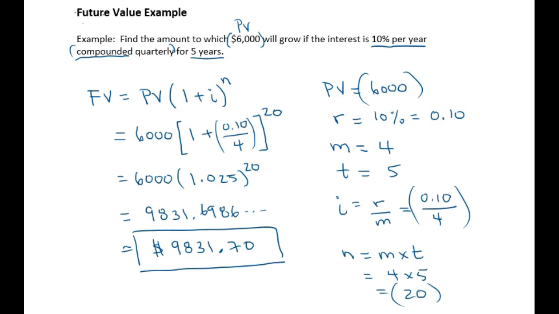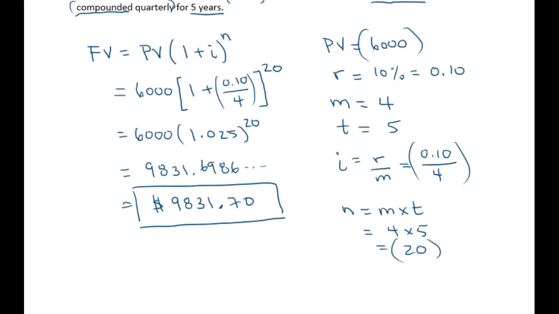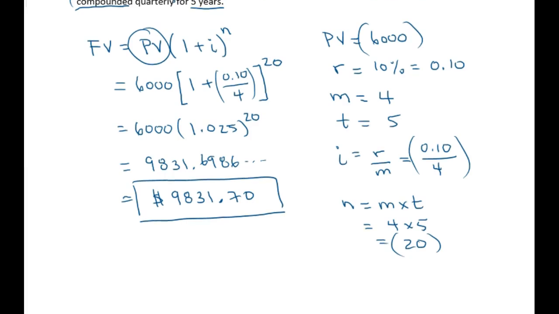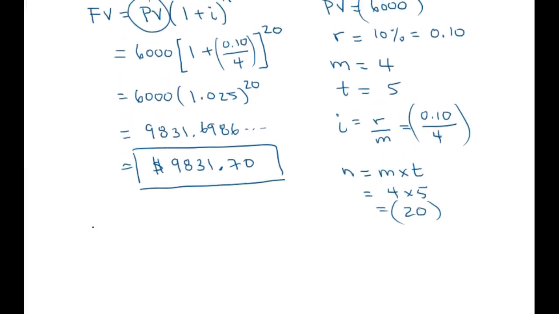$9,831.70. If you take your future value formula, just as we've done before, and we solve for present value instead, you can have an altered formula. If you go through the process of rearranging that formula, your present value is equivalent to future value divided by (1 plus I) to the exponent N, or as we've talked about before, you can make that a negative exponent.